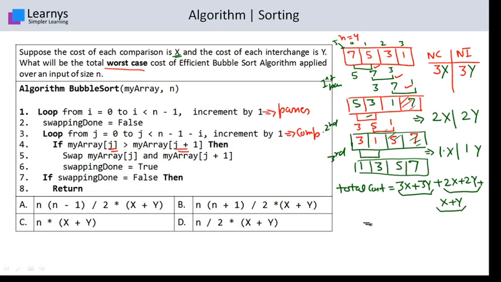Here I can take 3 common, so that will become 3 times (x plus y), plus 2 times (x plus y), plus 1 times (x plus y). Now you can see x plus y is common in all the cases, so I can take x plus y as common. In the bracket it will become 3 plus 2 plus 1.